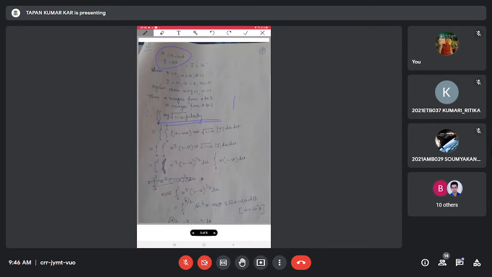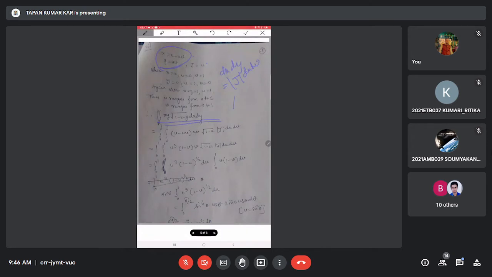So here R is the region, and there is one mistake I think. Anyway, if you consider this transformation, then dx dy equals mod J du dv.